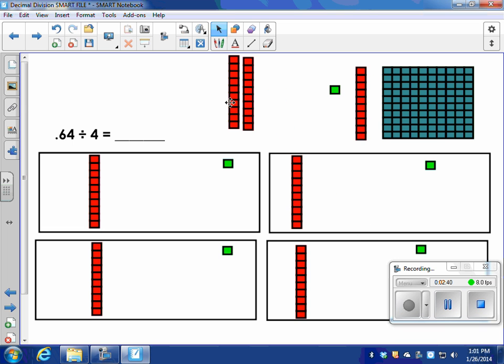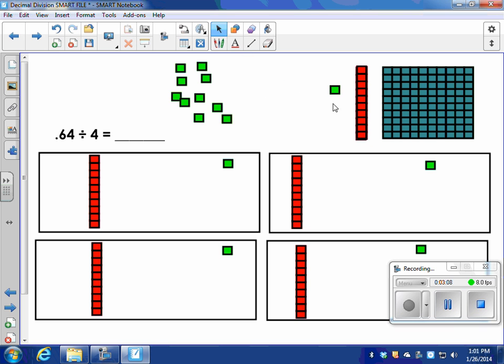There we go. Now, when you're faced with this issue, what we're going to have to do is trade these in. So I'm going to substitute. I'm going to take a tenth, and I'm going to trade it in for 10 hundredths. And then I'm going to take this tenth, and I'm going to trade it in for 10 hundredths.